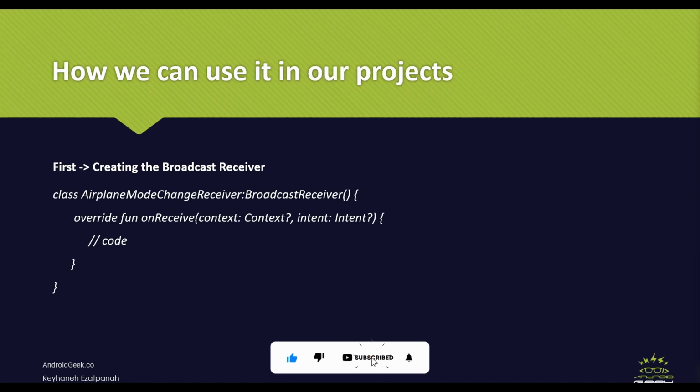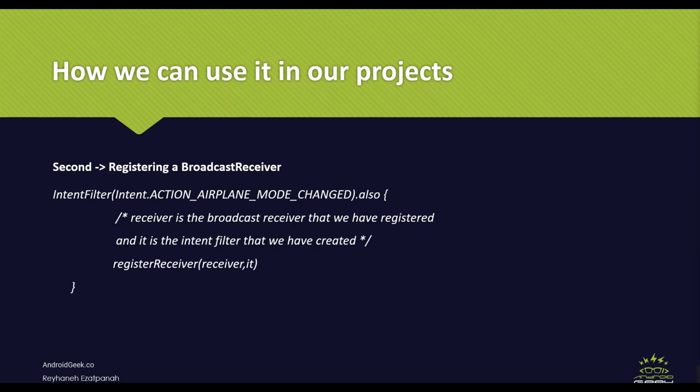And the main question: how can we use the broadcast receiver system in our project? First of all, we need to create the broadcast receiver, something like what you can see. And the second step, registering a broadcast receiver, like that. I guess now we can start our project.